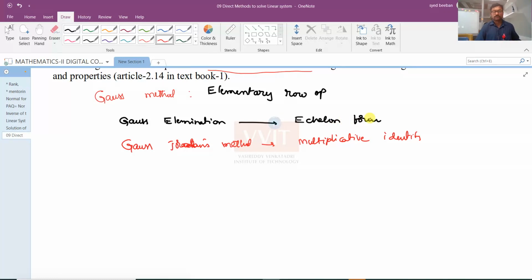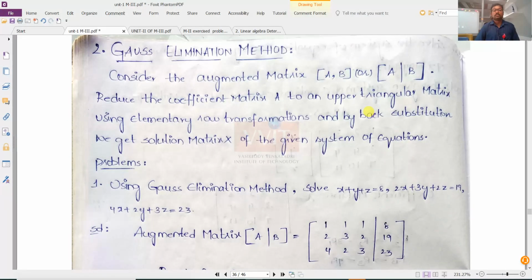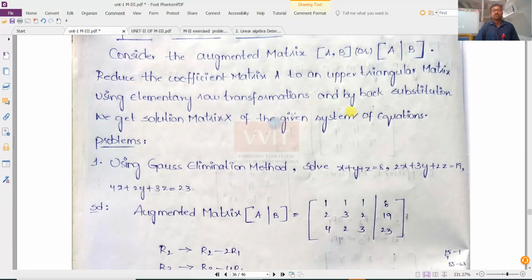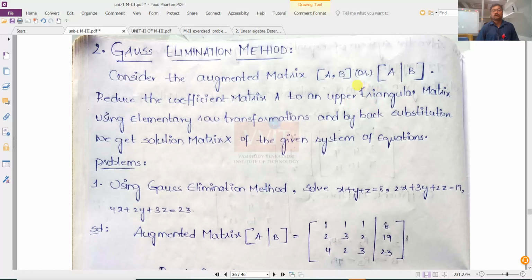Let me open that. Here, the same logic. Here also, I work with only the augmented matrix. The representation may vary from author to author. I consider C equals A, with the last column appended to the coefficient matrix, meaning the constant matrix appended as the last column to the existing coefficient matrix.